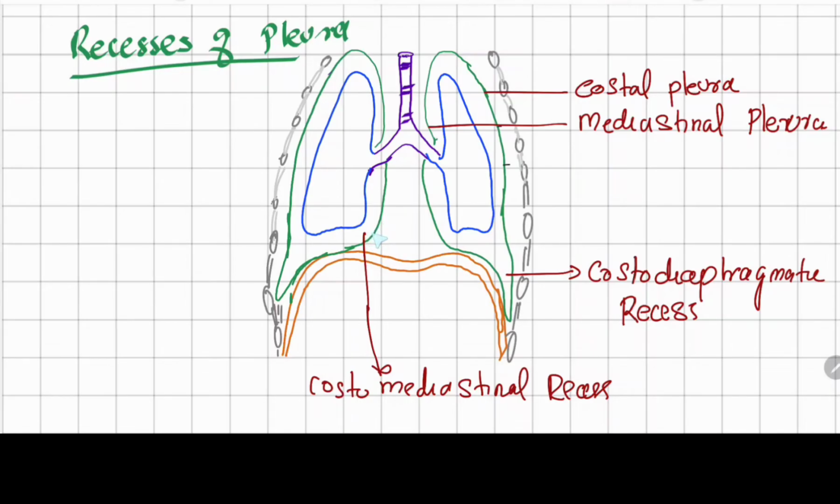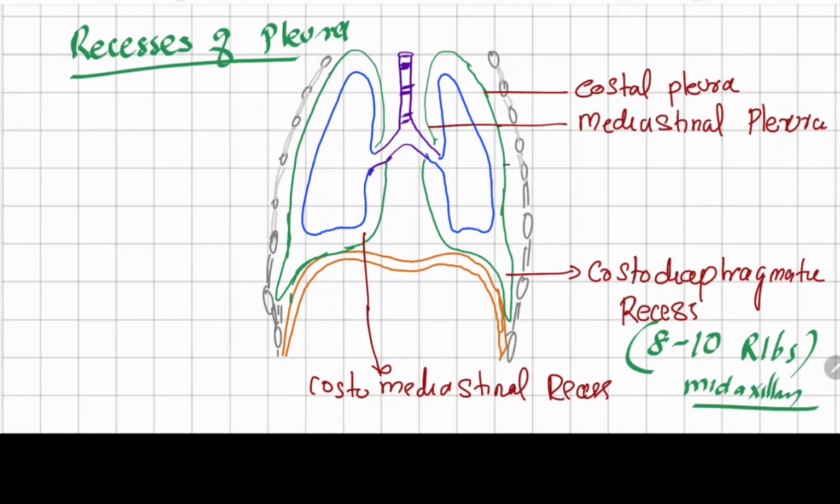The costo-diaphragmatic recess is located inferiorly between the costal pleura and diaphragmatic pleura. Remember, vertically it measures about 5 centimeters and lies opposite to the 8th to 10th ribs in the mid-axillary line.